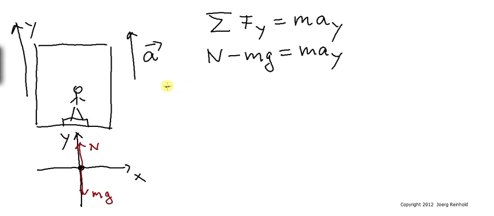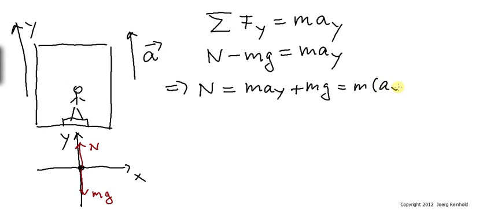I can solve this now for the normal force. The normal force, which is the reading of the scale, is then m a_y plus mg. I can factor out the m to get m times (a_y plus g).